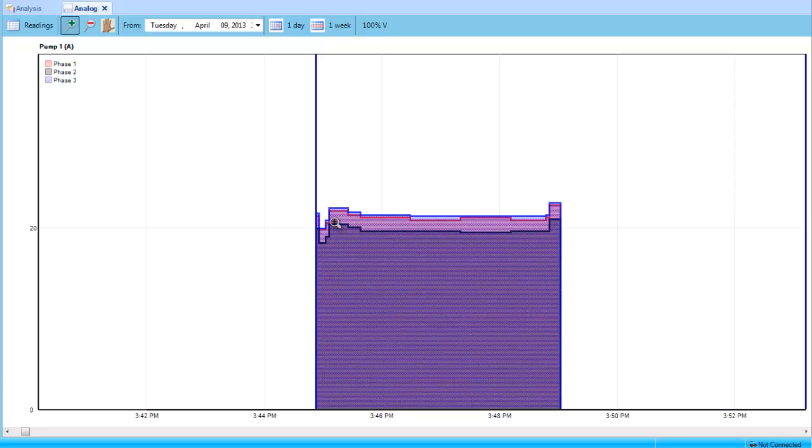Here's phase 3, the red is phase 1, and the gray here is phase 2. So you can look and see if there's an out of balance. You may see one of these phases way down at the bottom here, or missing completely. I've seen that many times where you actually lose a phase on one of your motors, and that's causing some serious problems to the motor and also to your electrical bill.